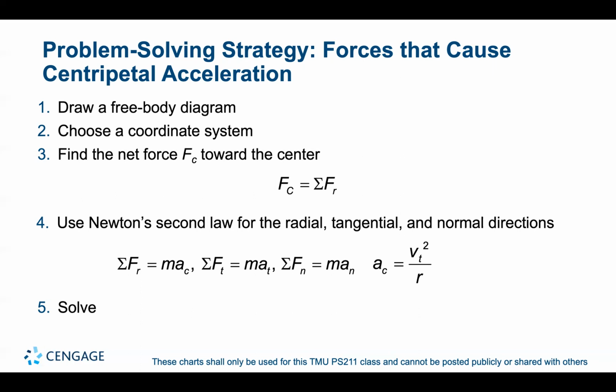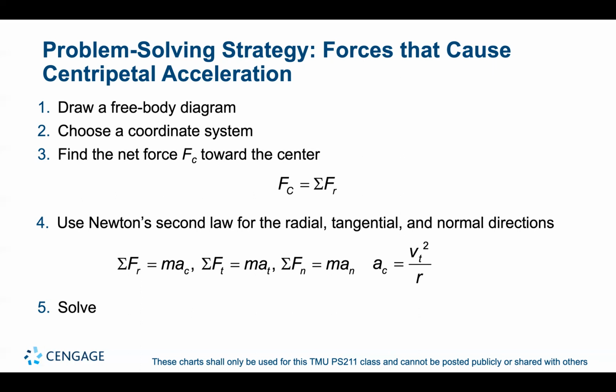The normal direction perpendicular to the path of motion is also often needed. Number three, you want to find the net force F sub c towards the center of the circular path, where the summation of F sub r is the sum of the radial components of the forces. This net radial force causes the centripetal acceleration.